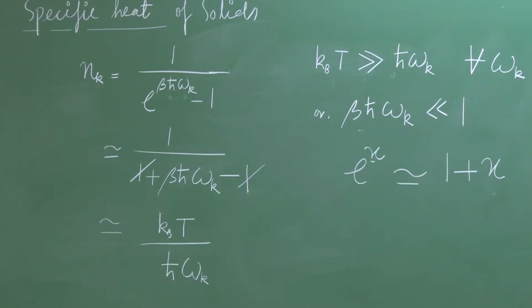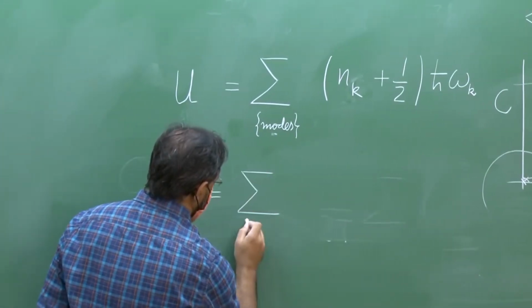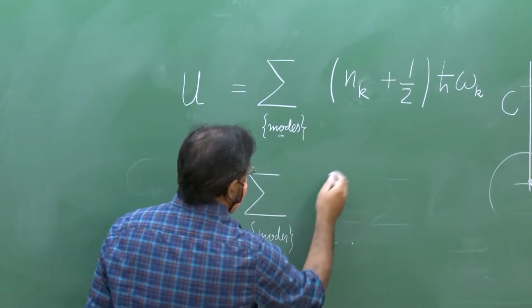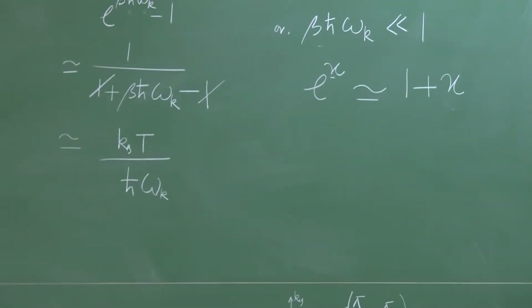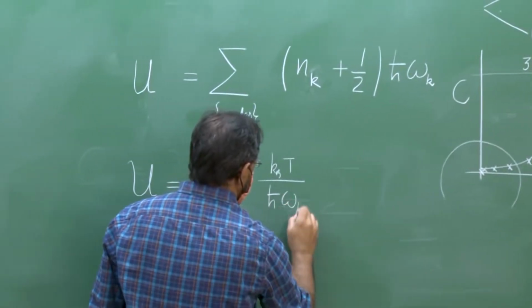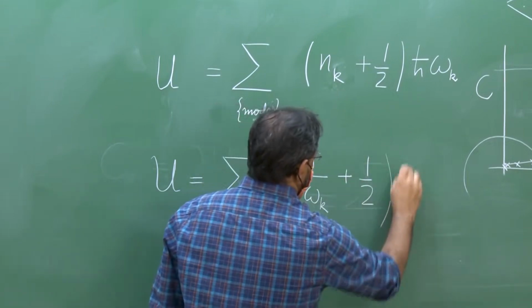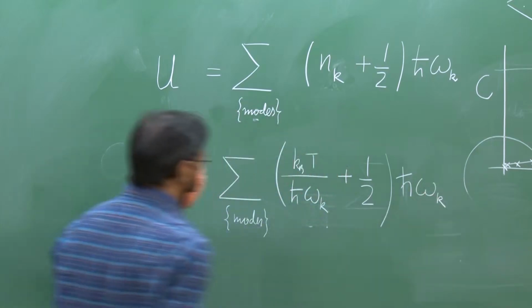Now plug this into your expression for U. So what will you get for U? U will be a summation over all the modes of k_B T plus h bar omega_k times 1/2, and then you have h bar omega_k.